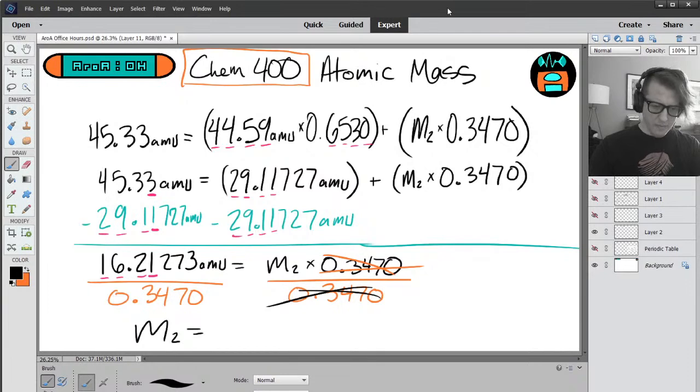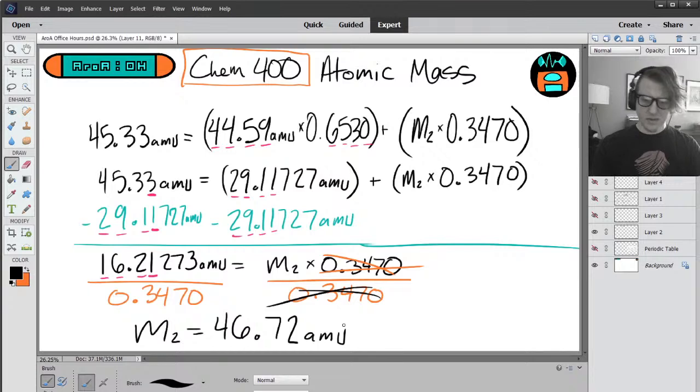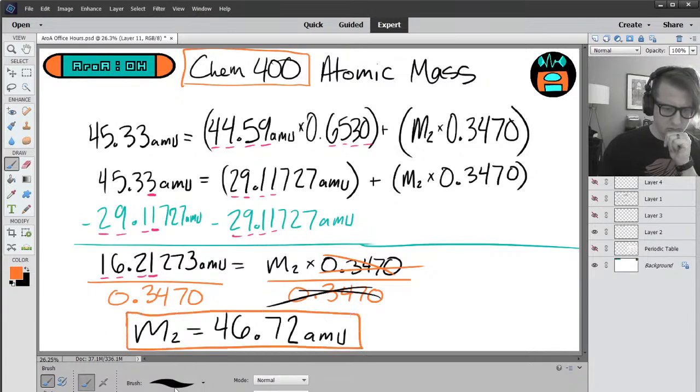Okay, that's what I'm coming up with as well. But something doesn't make sense. The number that I'm getting is 46.72. That's after you round to 3 sig figs. Does this work in retrospect? 46.72 times 0.3470. Yeah, no, that checks out. So that's the mass of your second isotope.